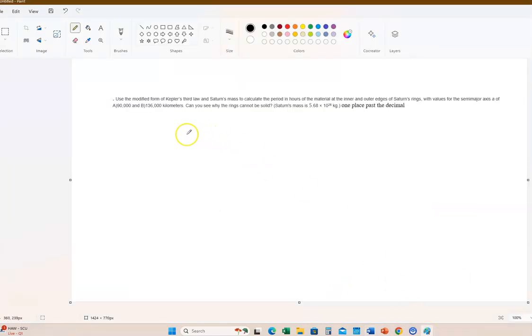All right, so here we go. The first thing that we have to do is change the distances here, the semi-major axis. So I'll start with A here. For A, D is equal to 90,000 kilometers, but we know that there are 1,000, or 10 to the third, meters in 1 kilometer, right?